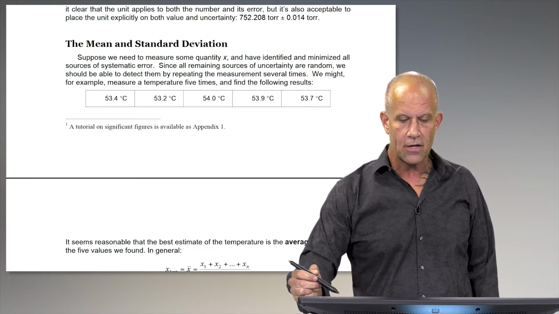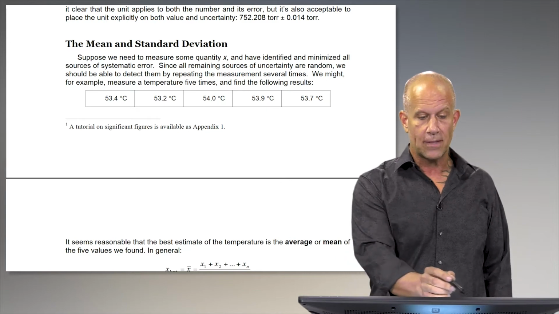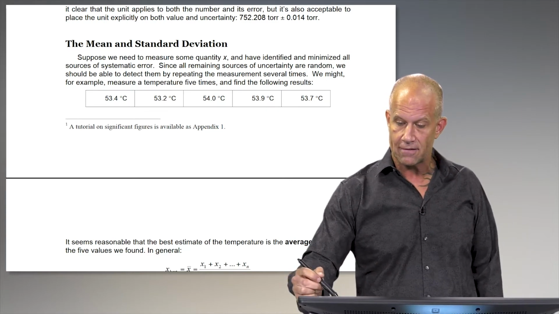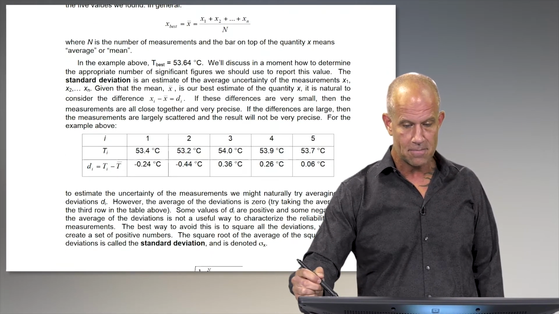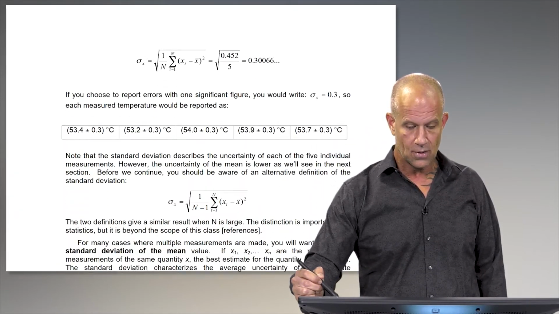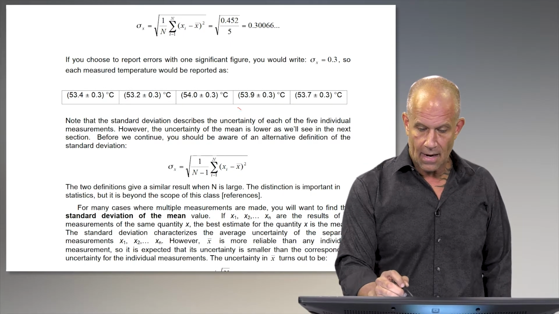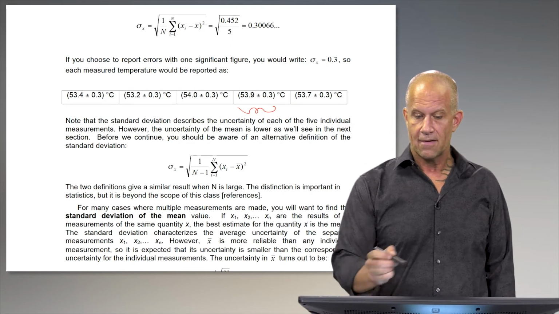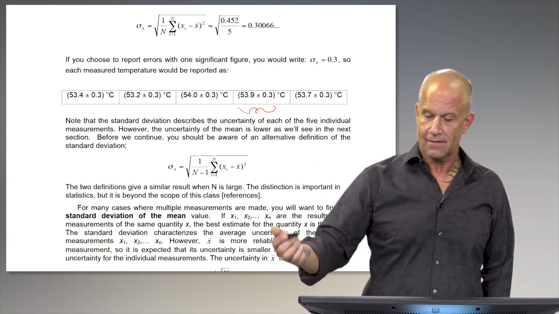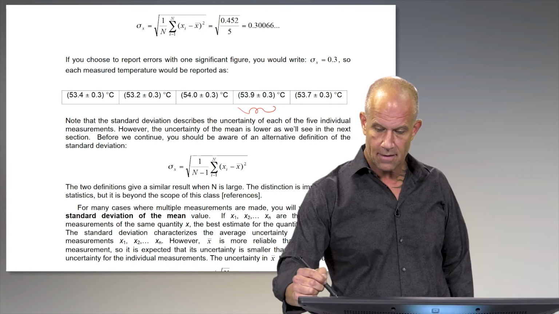We show the classic way of looking at multiple measurements, the mean and standard deviation of a system, and how you would use those once calculated to give you the error and report it properly in a common format.